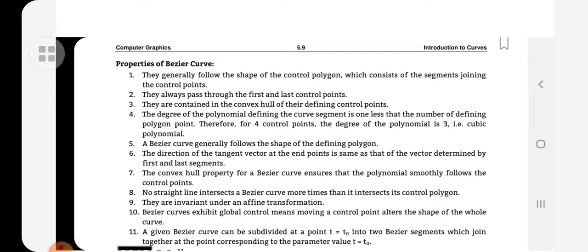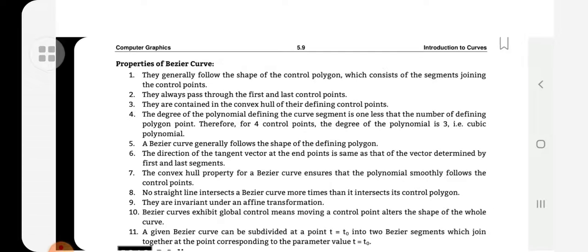And fourth is that the degree of the polynomial defining the curve segment is 1 less than the number of defining polygon points. Therefore, for 4 control points, the degree of the polynomial is 3, that is, a cubic polynomial.